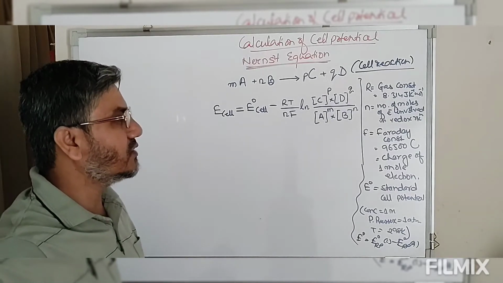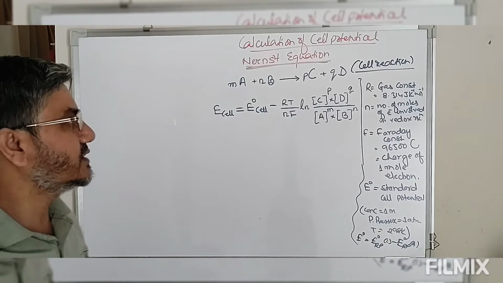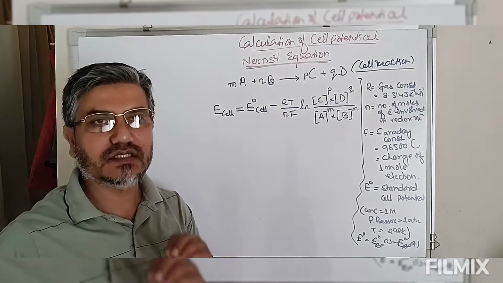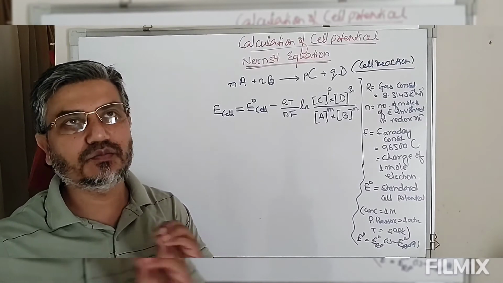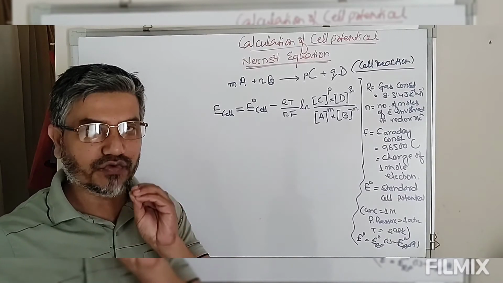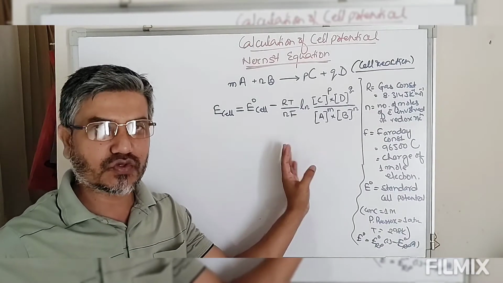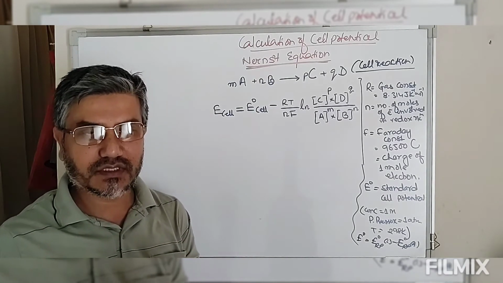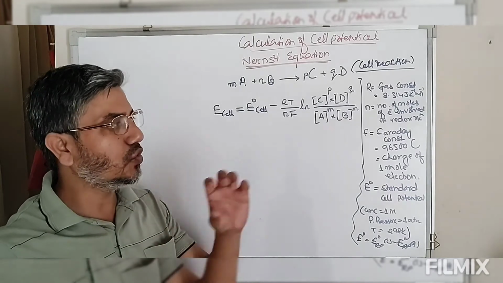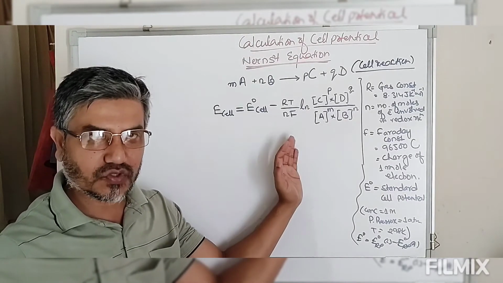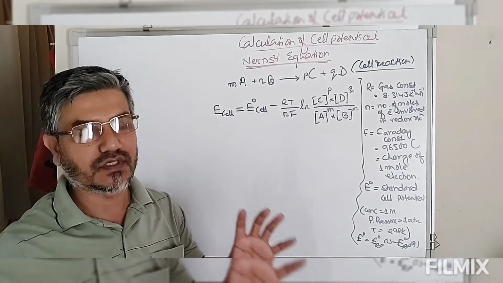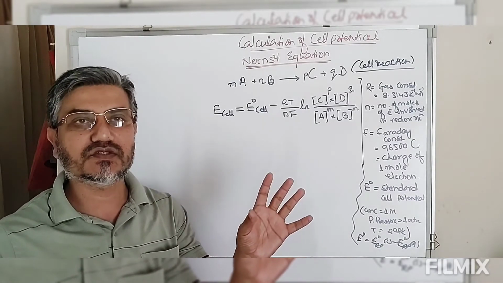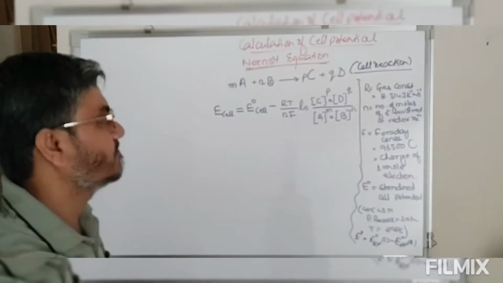One thing to keep in mind while writing it is that if the cell reaction involves pure solids or pure liquids, their concentration does not change appreciably. So we ignore the concentration of pure solids and pure liquids. We include only those components whose concentration varies with time.